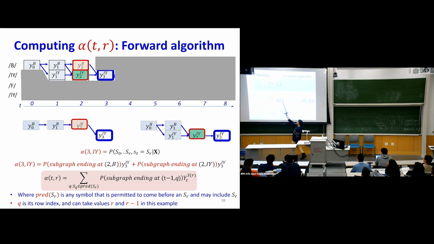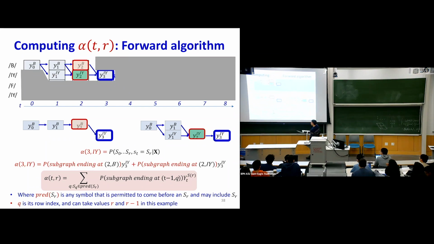But then the total probability of this graph here is alpha E3, or alpha 3E, I don't know how I've written it. What is this? Alpha 2B, right? So this first portion is now going to be alpha 2B times YE3, correct? What is this? Alpha 2E followed by this.